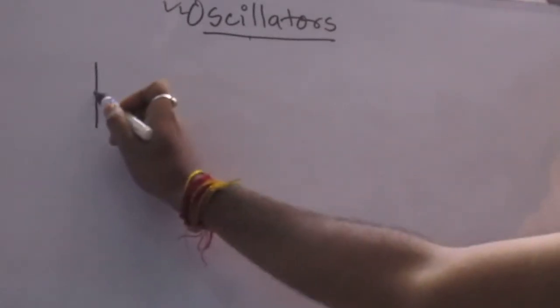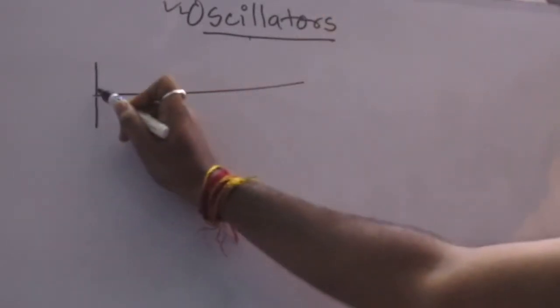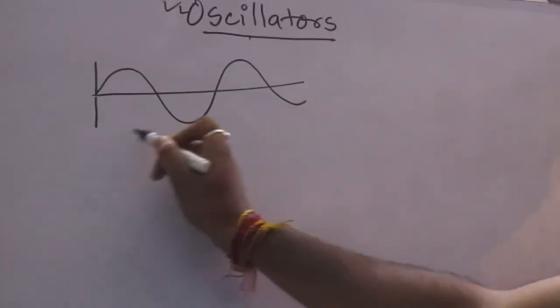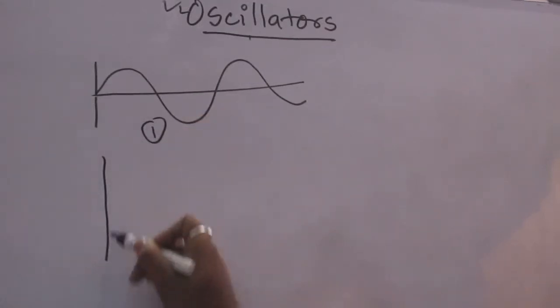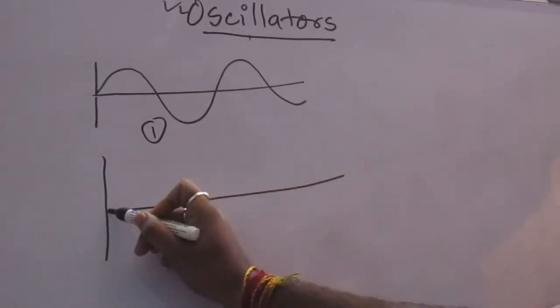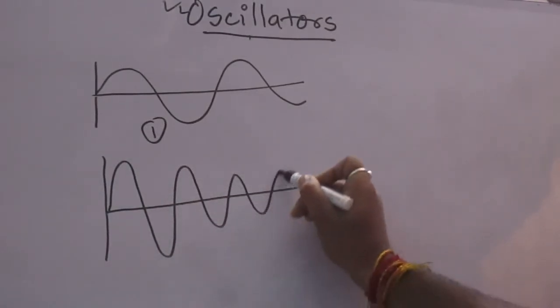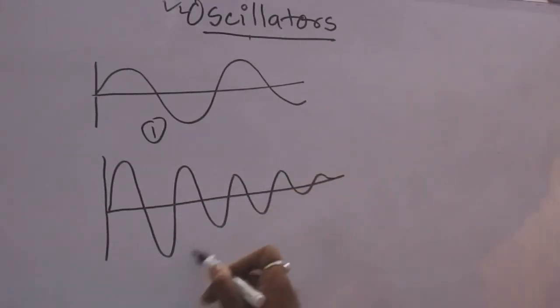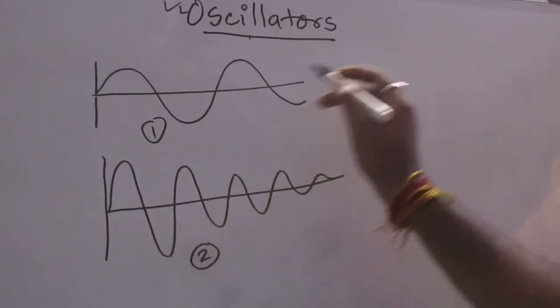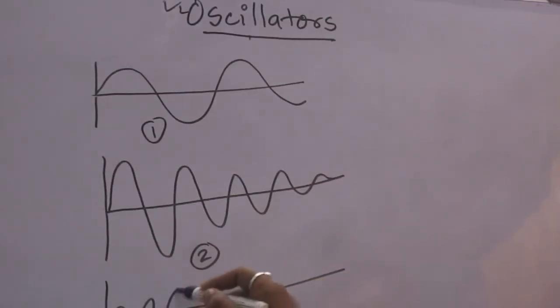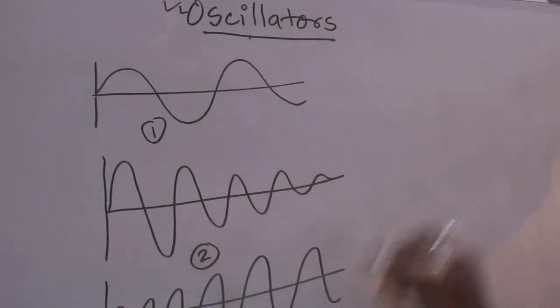That is, if we plot some waves, these are three waves or oscillatory motions.